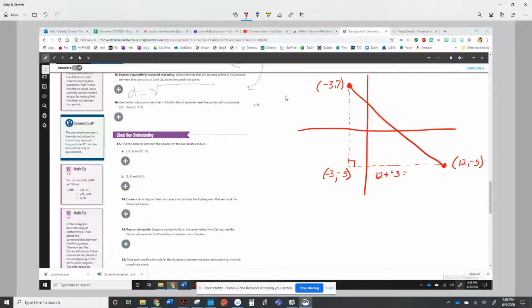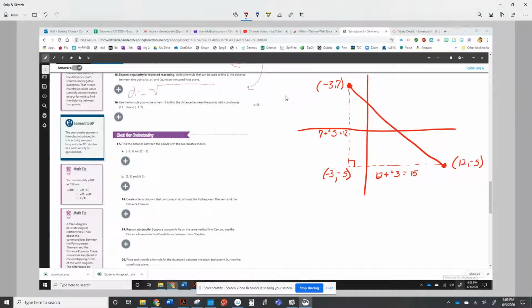You know what to do when you minus a negative. That's 15 units long. Now for this one, we subtract the y values, okay? So I'm 7 up this way, I'm 5 down that way, so that's going to be a total of 12. We do 7 minus a -5. That ends up being 12.